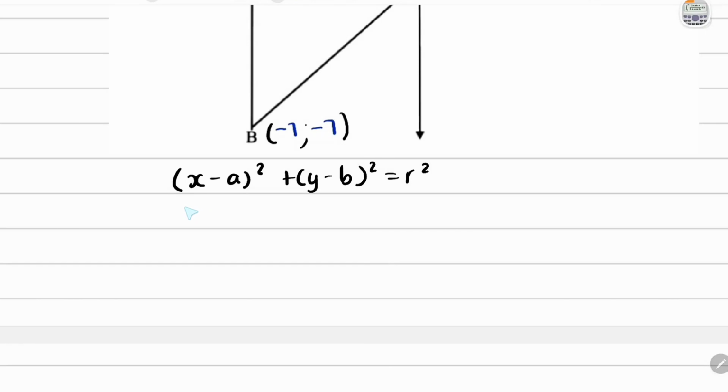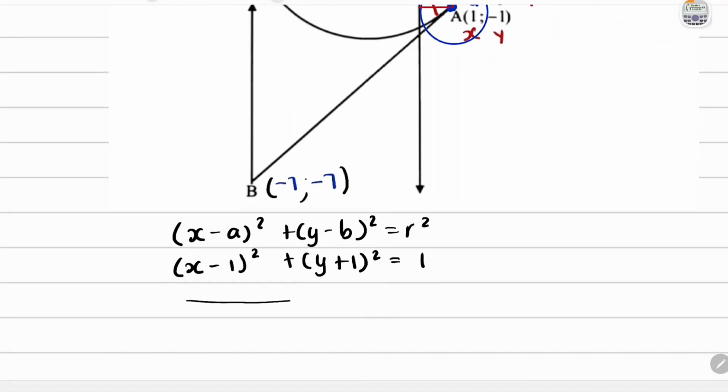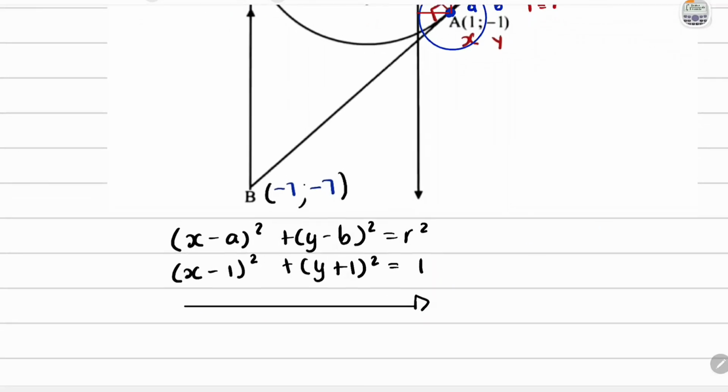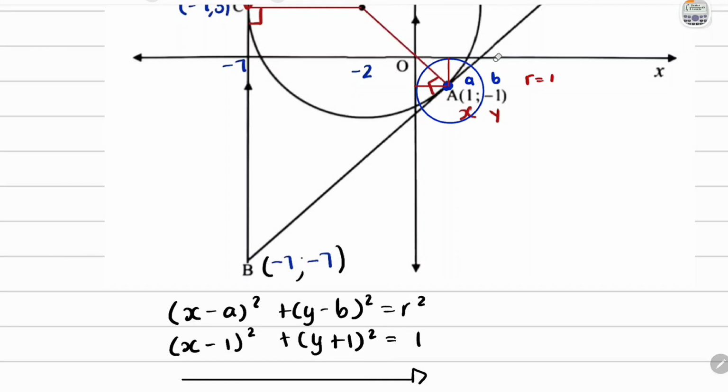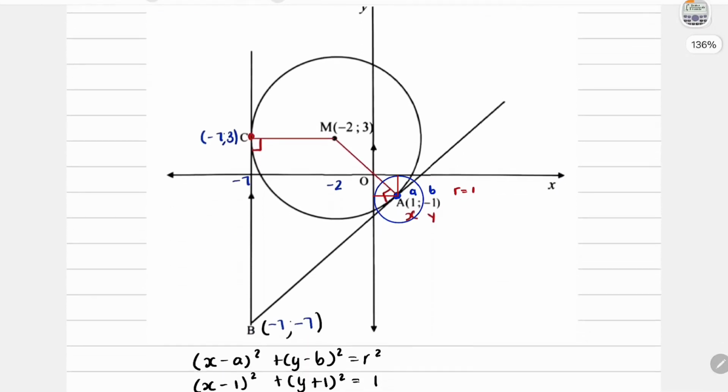So x minus our a value is 1, minus 1 squared, plus y minus our b value is -1, and that becomes plus 1 all squared, is equal to our r squared, which is 1. So 1 squared gives you 1. And that's the equation of your circle centered at A if the x and the y axis are tangents to that circle. So that is 4.5.